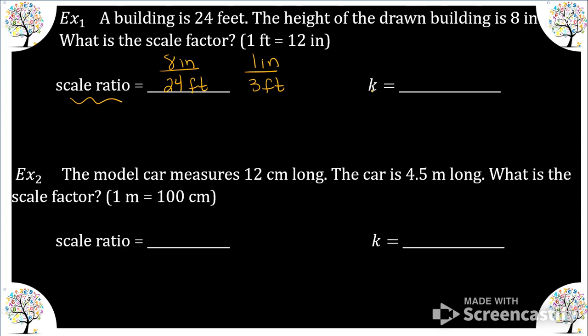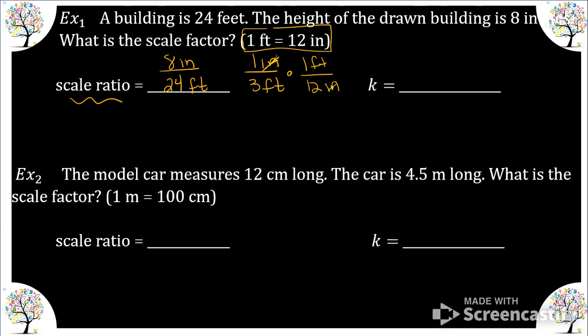Now we want to get the scale factor. We don't want any units. So we're going to use this conversion ratio to convert and get rid of our units. So 1 foot equals 12 inches. I'm going to put feet in the alternate spot of where it is in our scale ratio so that they will cancel. 1 foot is the same as 12 inches.